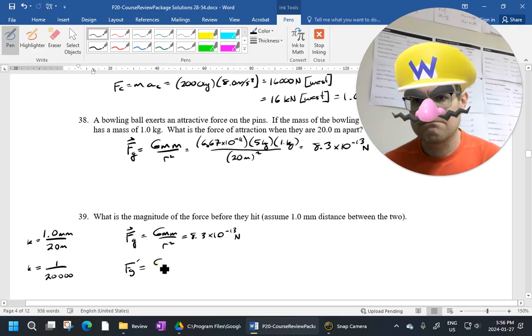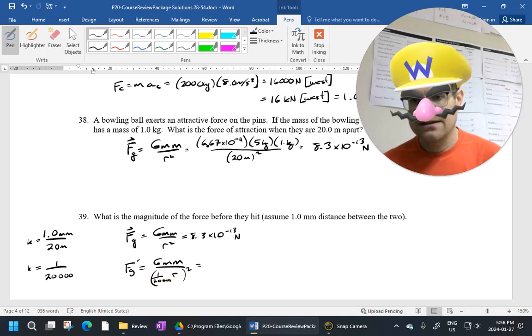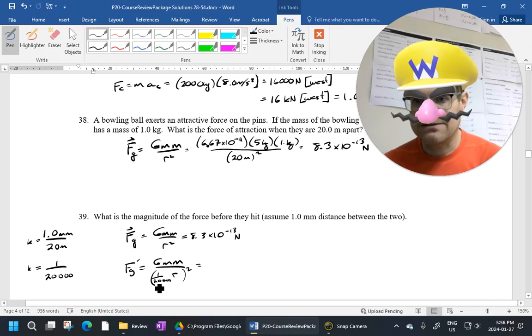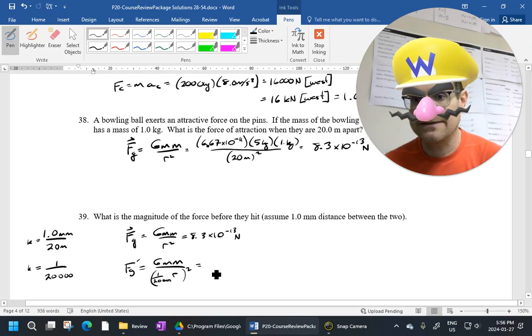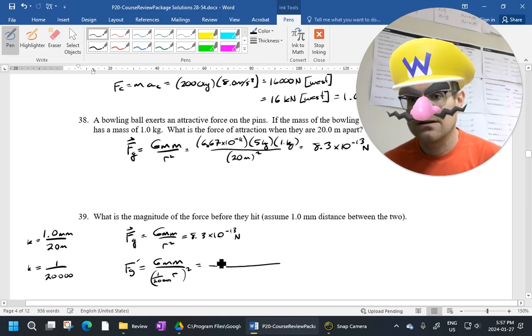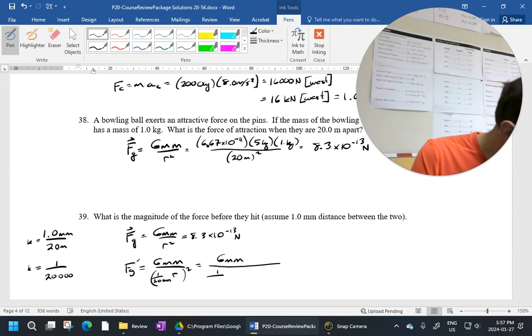So my new force, we do this all the time in our class, is this scale factor times r squared. So what I'm going to do is pop this thing out of the brackets. And when I do that, I'm going to have to square it, right? So this is going to end up being a pretty big number. So it's going to be 1 over, I'm going to square this number.